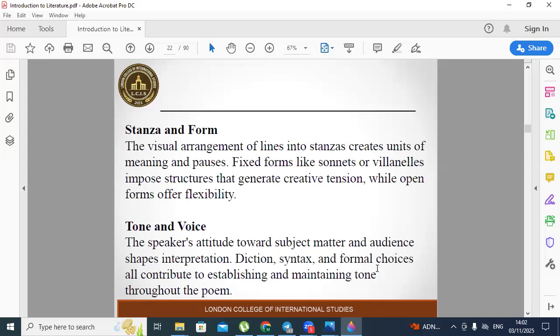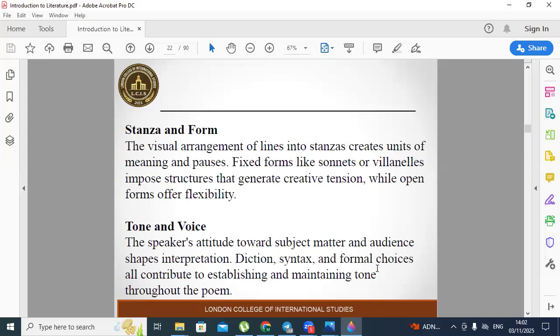Tone and voice. The speaker's attitude toward subject matter and audience shapes interpretation. Is the tone reverent or ironic, joyful or melancholy, angry or resigned?